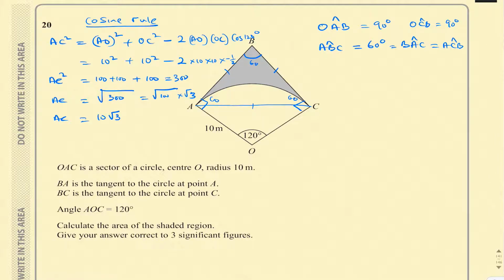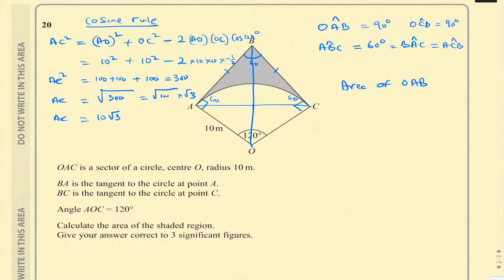If I draw a line through B to O, that's half a kite. Now, I need to find the area of OAB, the half a kite. We know the angle here is 90 degrees in the middle.